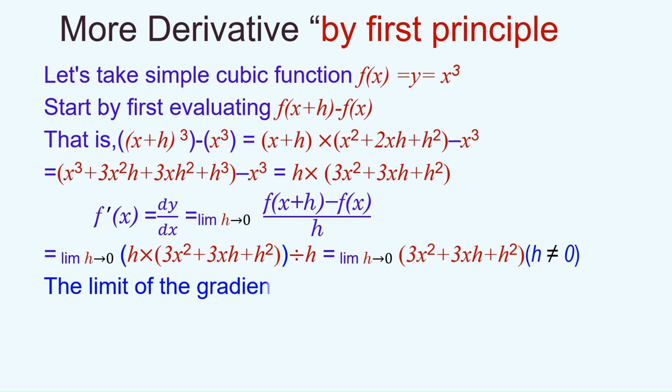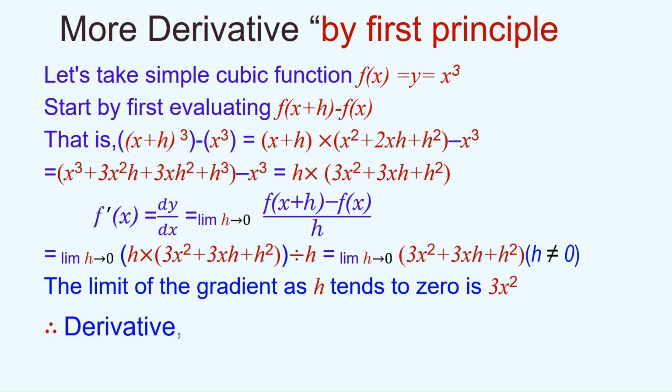Note h is not equal to 0. The limit of the gradient as h tends to 0 is 3x squared. Therefore derivative f'(x) of x cubed equals d/dx of x cubed equals 3 times x squared.